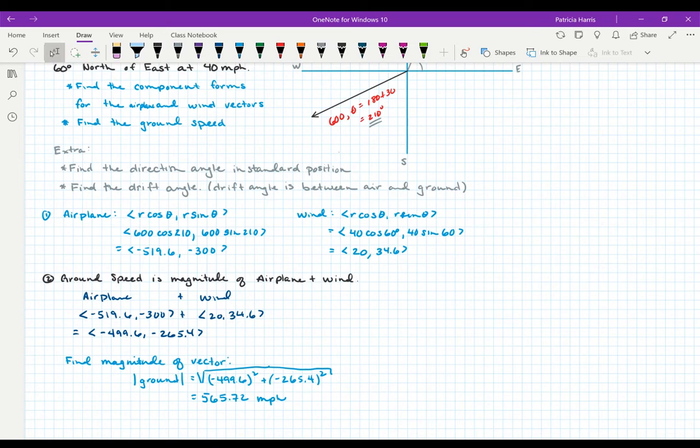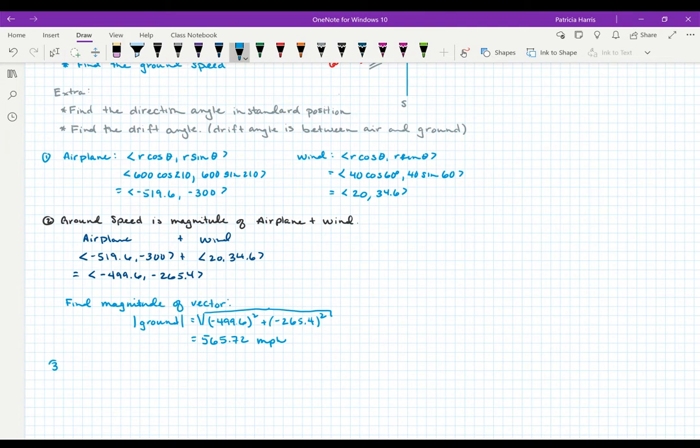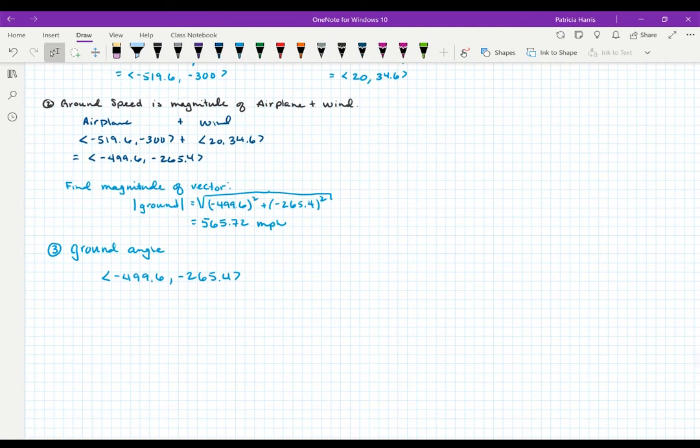Now we're going to find our direction angle. We need to realize that it is in the third quadrant. So we're going to find the direction angle of our ground in the third quadrant. We take our component form and apply our tangent formula. Since we're in that third quadrant, we might have to do a little adjusting.